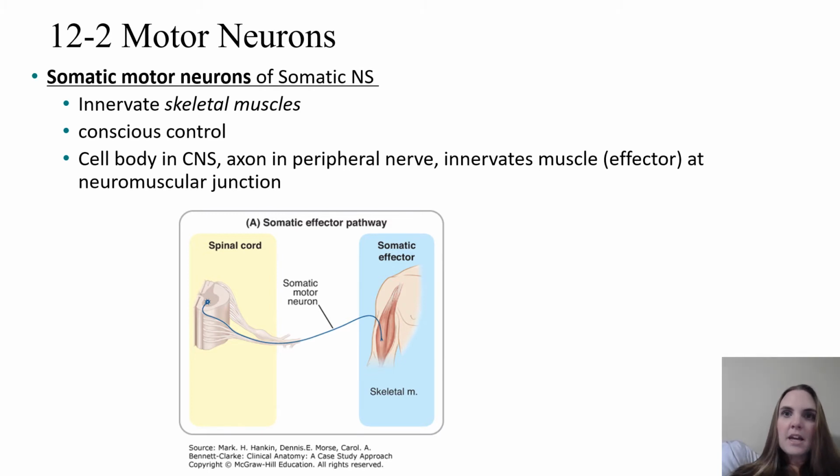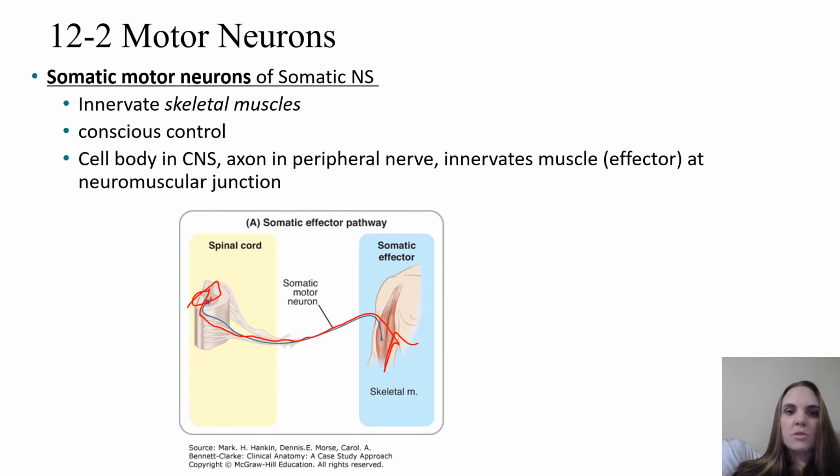The cell body of these neurons that make up these nerves is located within the central nervous system. So you can see in this image down here, this is the cell body here located within the spinal cord. And then the axon exits the central nervous system and runs via a peripheral nerve.